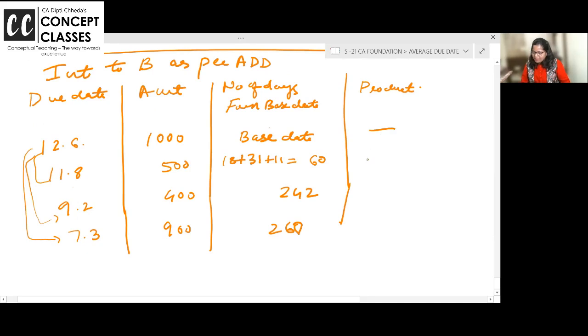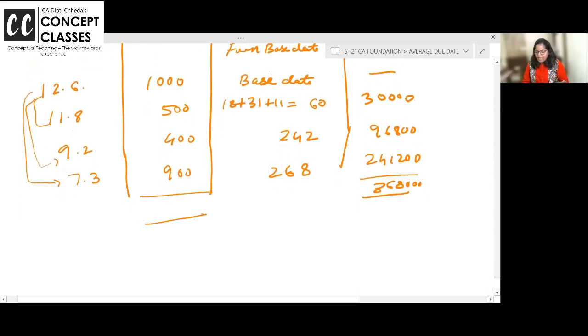Now calculate the product. This is 30,000 and this is 268. 400 into 242, 96,800 plus 30,000, let me store in memory. 900 into 268. It's all calculations, dear students. 3,68,000 is the product and amount is 2,800.